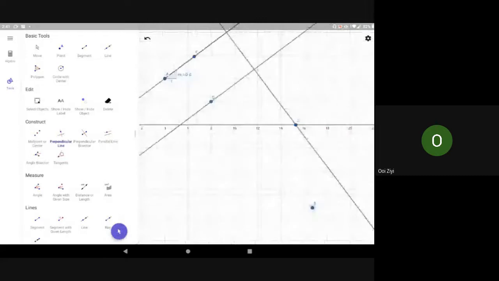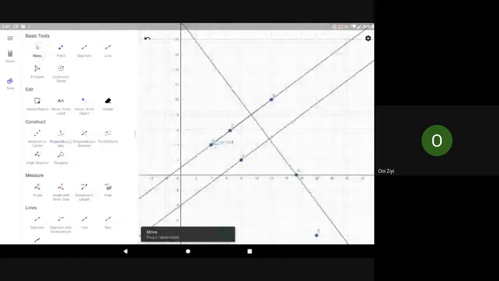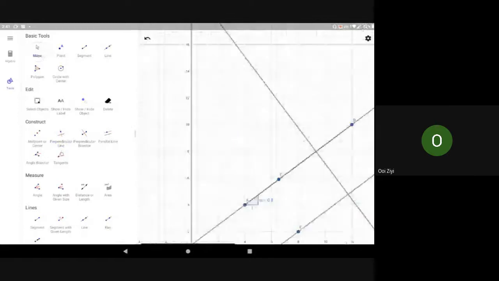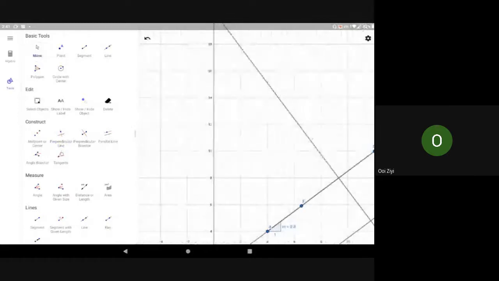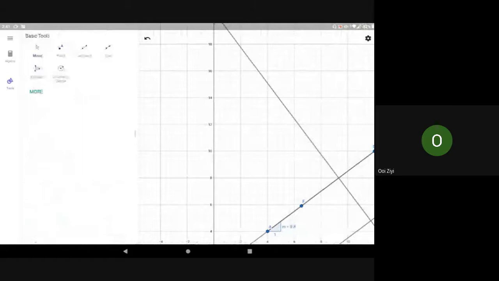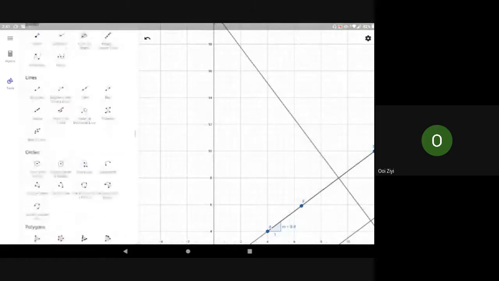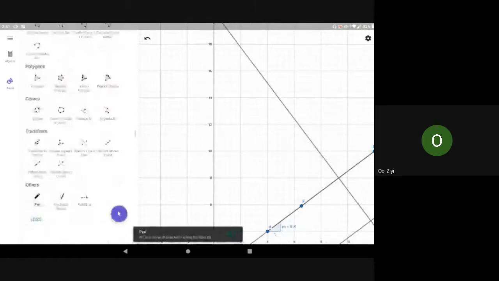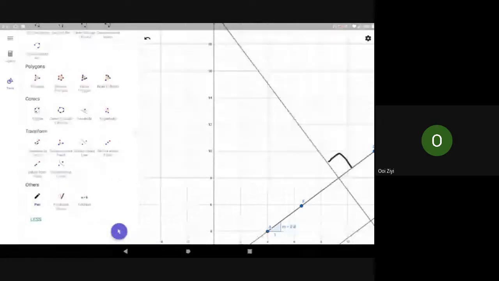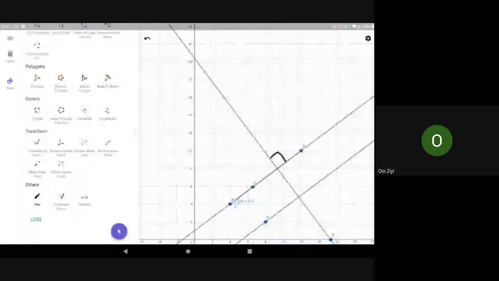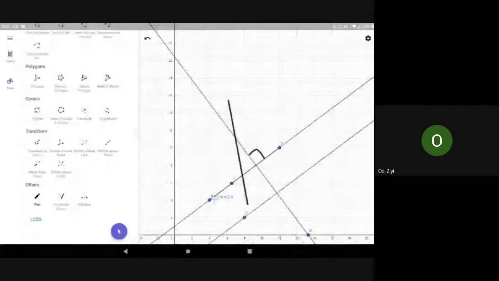If we look here, the angle between the lines is 90 degrees. So we call this a perpendicular line.